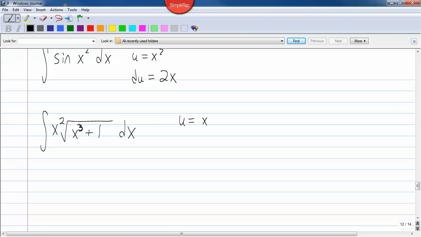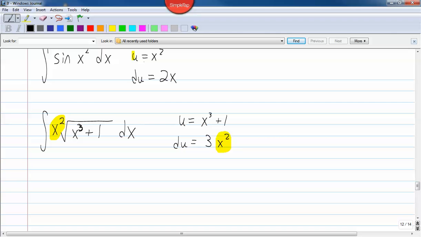So let's say u equals x to the third plus 1. So du is going to equal 3x squared. Now look, this x squared and this x squared match up. That's good. That x squared has to be there in front of the radical.